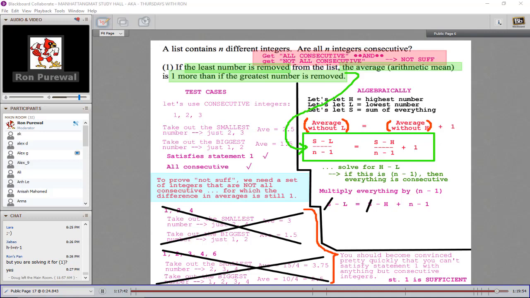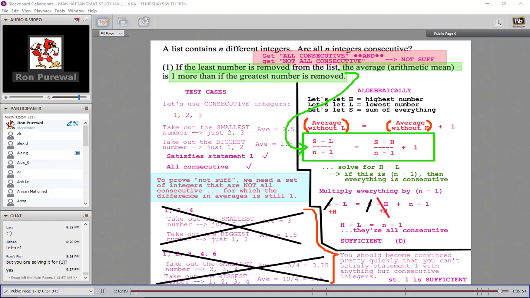And we can add H to both sides. That's going to knock out H over here. And so you actually get H minus L is exactly n minus 1. So that shows you that you have consecutives. They're all consecutive. So that's sufficient.